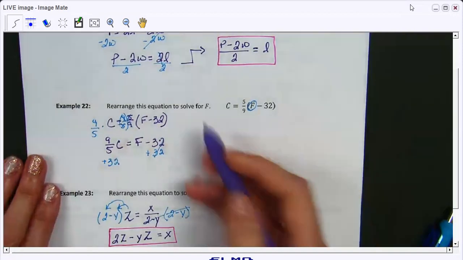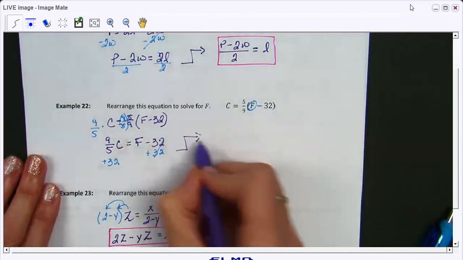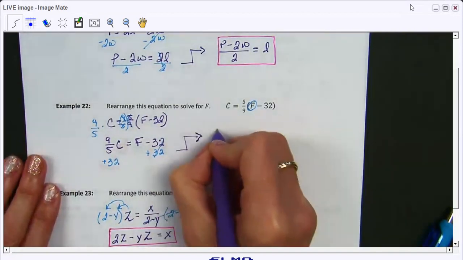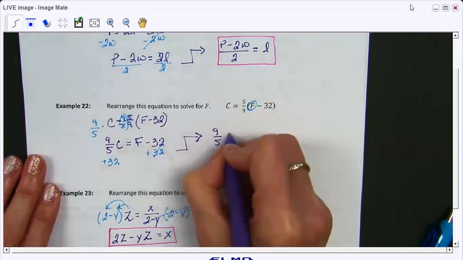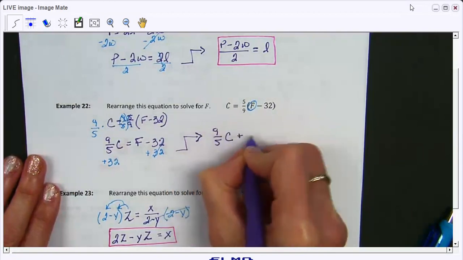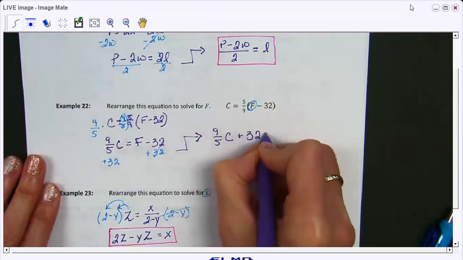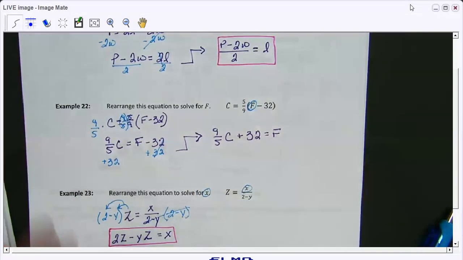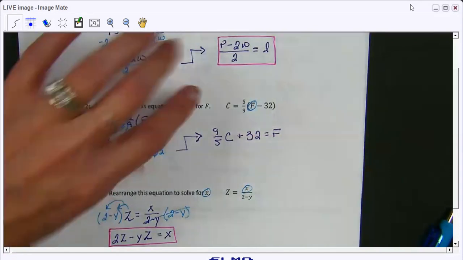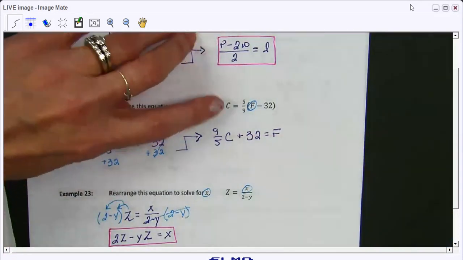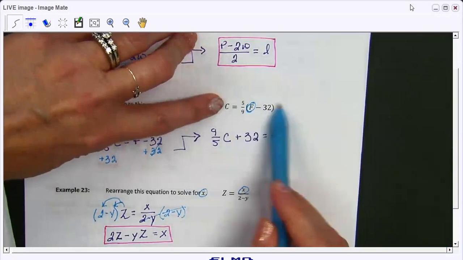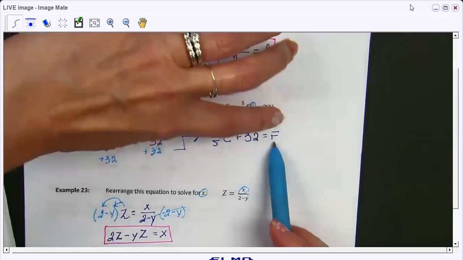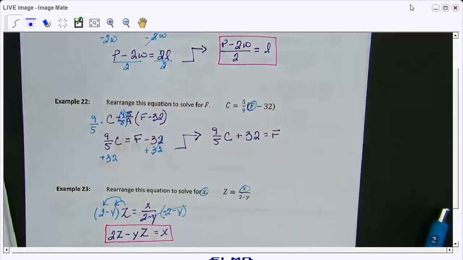And our final answer is 9/5 C plus 32 equals F. And this is the Celsius and Fahrenheit equation. If you want to determine the Celsius, you would use this form of the equation. If you want to determine Fahrenheit, you would use this form of the equation.